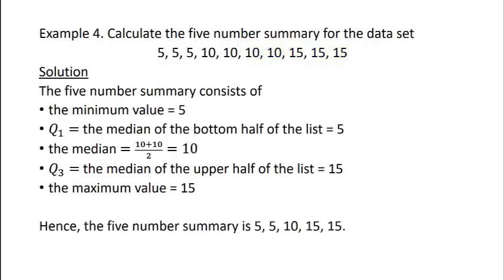So the 5-number summary for this data set would be 5, 5, 10, 15, 15.